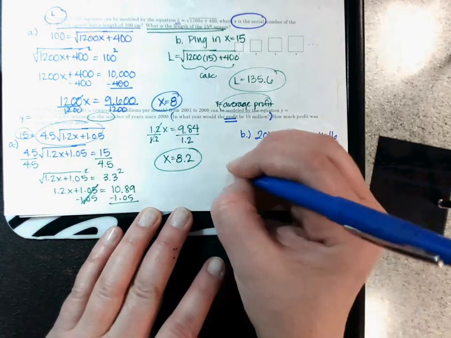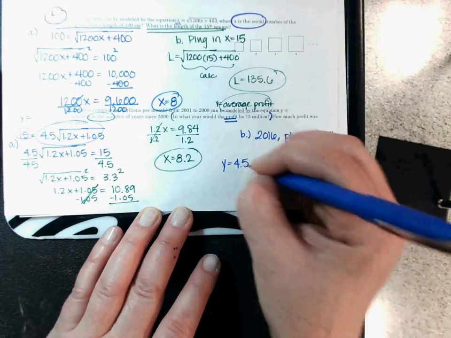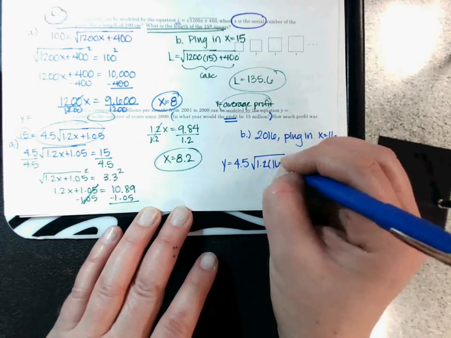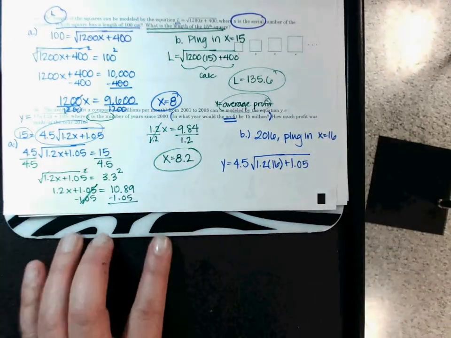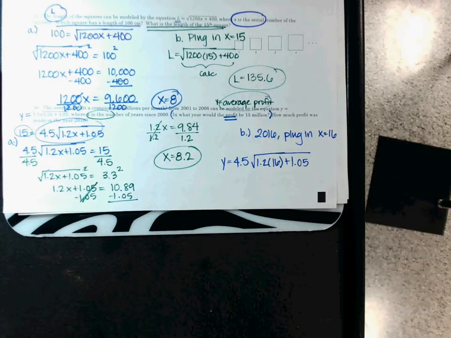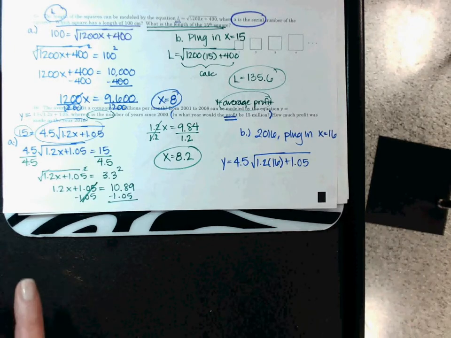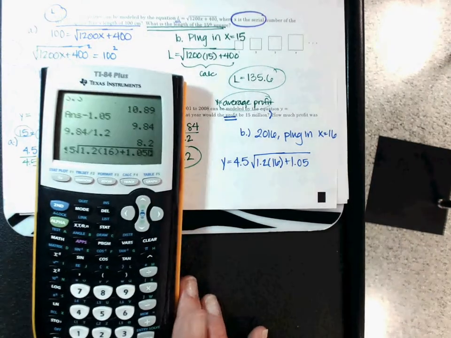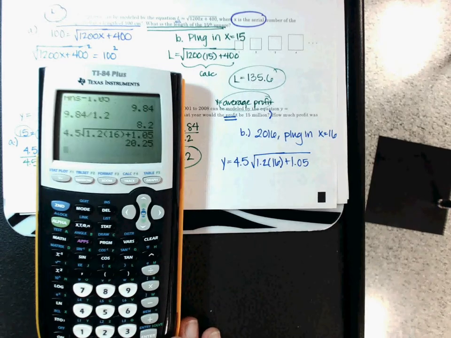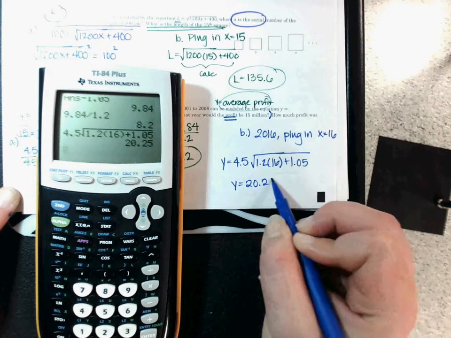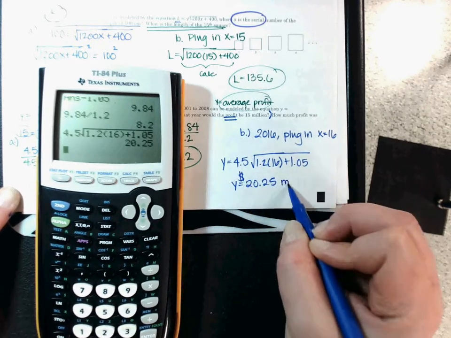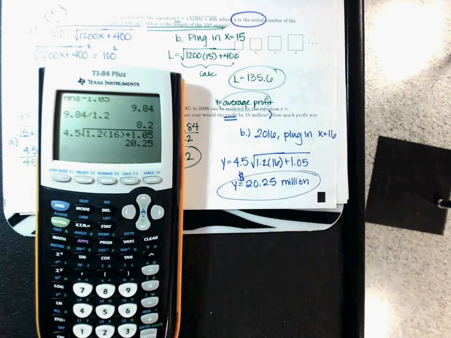So Y equals 4.5 square root of 1.2 times 16 plus 1.05. When you type it in, make sure that you keep that plus 1.05 under the square root. It looked just like that, and we got 20.25.